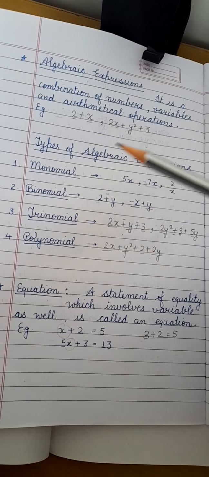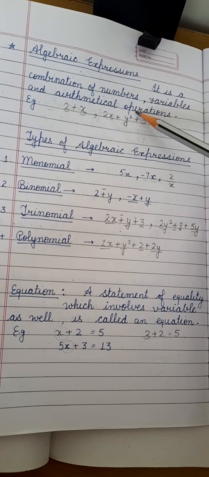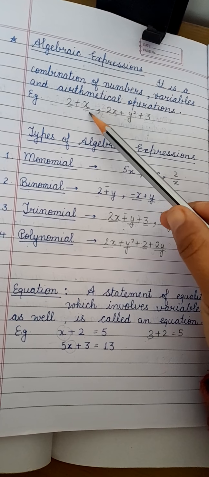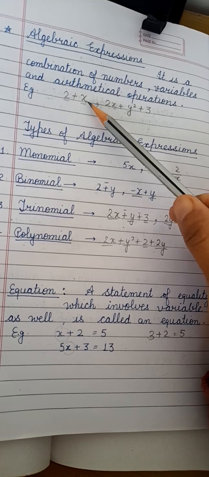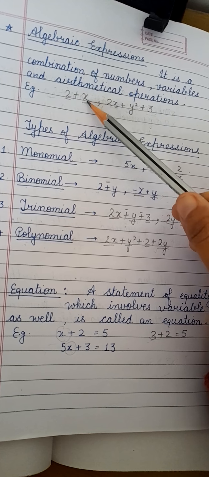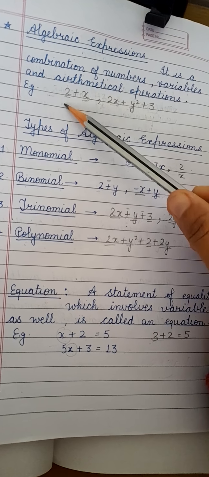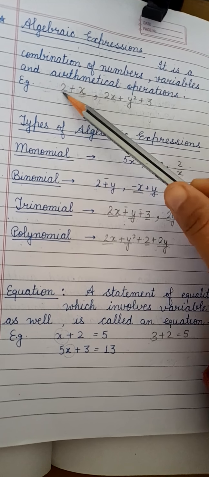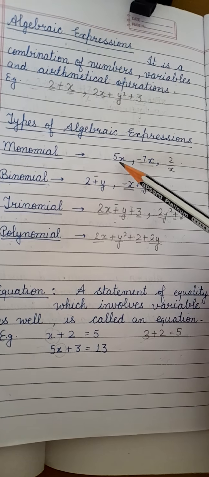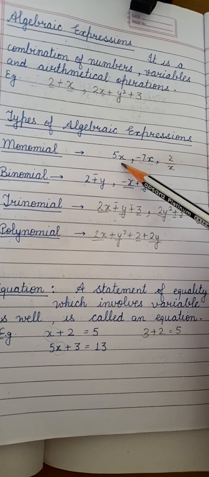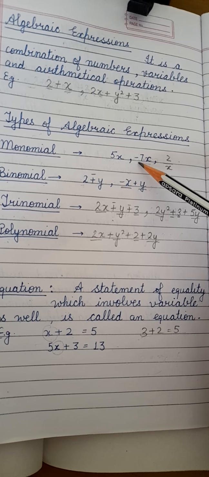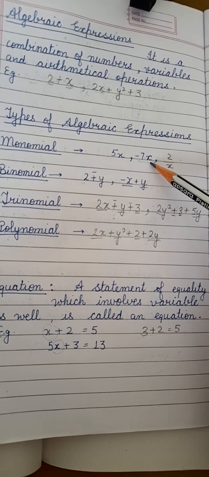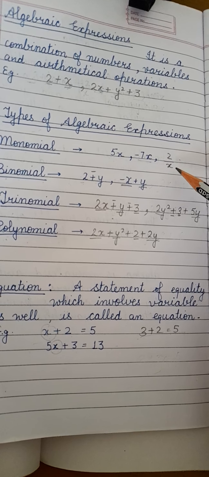Very important: you need to understand what an algebraic expression is. Both ways you should know it, as a statement and as an expressional form. In the statement form we will say that 2 is added to x, 5 is multiplied by x, -7 is multiplied by y, 2 is divided by x.